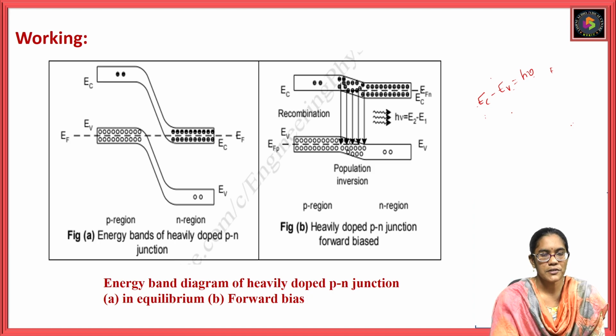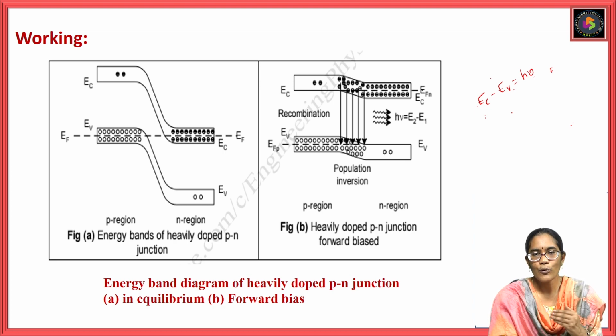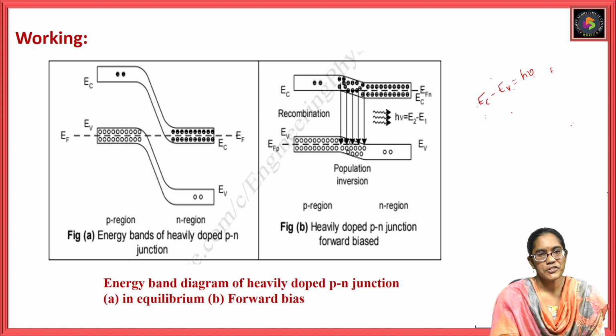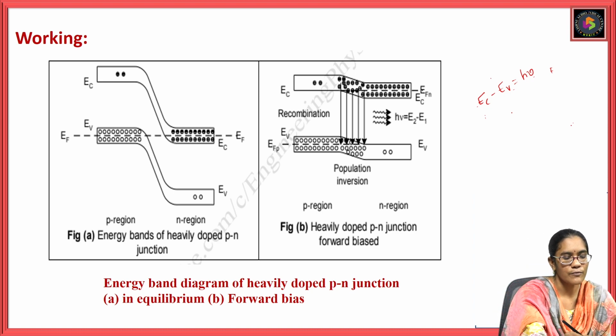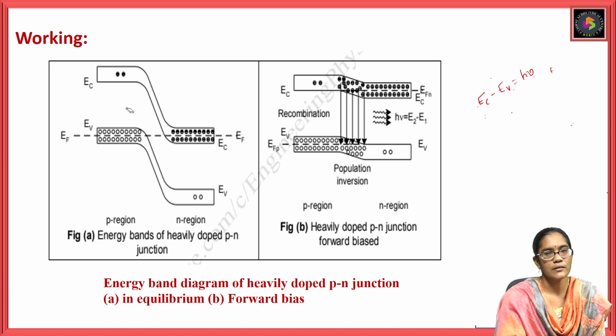The second condition is that the laser light should be monochromatic in nature. Monochromaticity means it exhibits a single color, a single wavelength. Whenever the electron falls from conduction band to valency band, it makes a transition and emits a photon of energy hν.